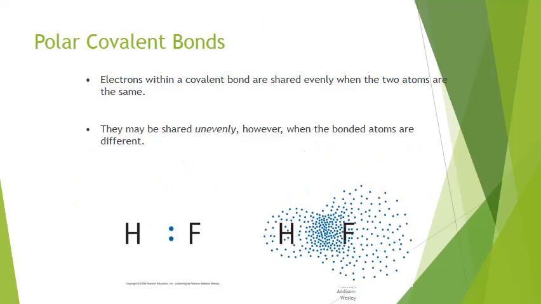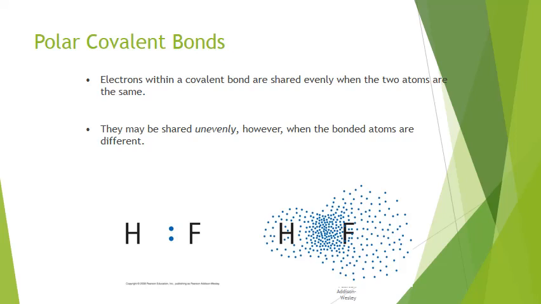So there's an equal amount of sharing. But what if you have a 7-year-old and a 4-year-old? They may share it, but this 7-year-old probably will have the toy a little more than the 4-year-old might. That's what goes on when you have unequal or different types of atoms sharing a pair of electrons. It turns out that fluorine, because of its larger atomic number, it's got more positives.